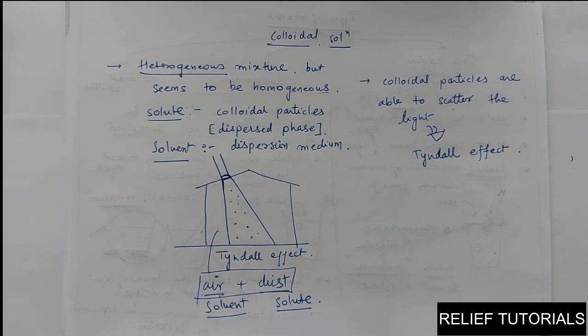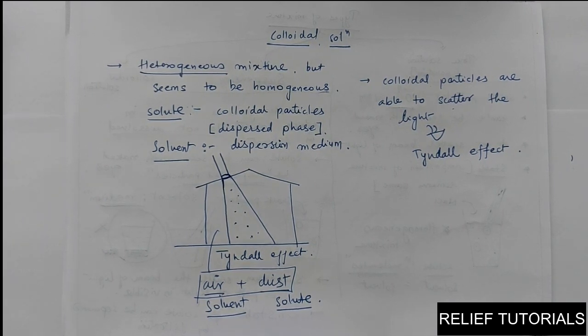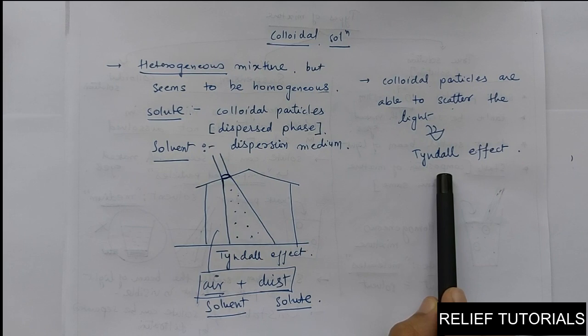Or you also observe that the light coming from the projectors at your school, falling on the whiteboard, also seems to be scattered. And also the dust particles coming in the path can be visible. So this effect of scattering of light, listen to me again, the effect by which the scattering of light is observed by the colloidal particle, this effect is called as Tyndall effect.